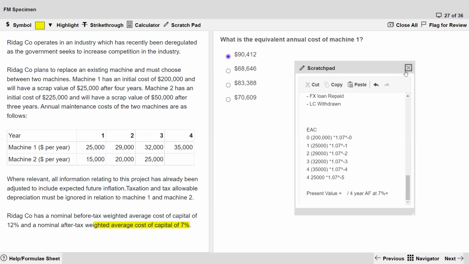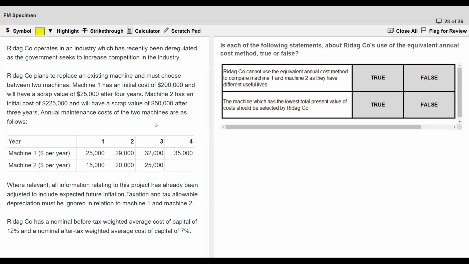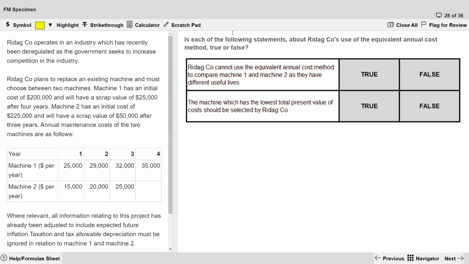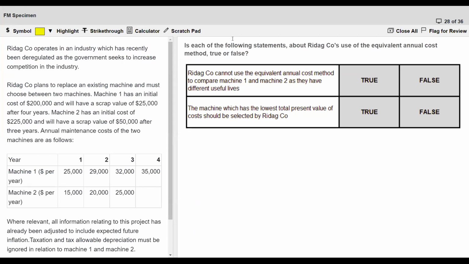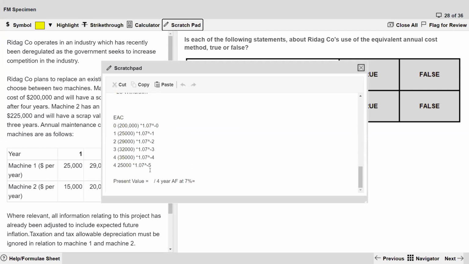Okay, now let's move a bit forward and let's discuss further. No, it's not 5. It has to be 4. Did I write 5? Okay, my mistake. Sorry, it has to be 4.